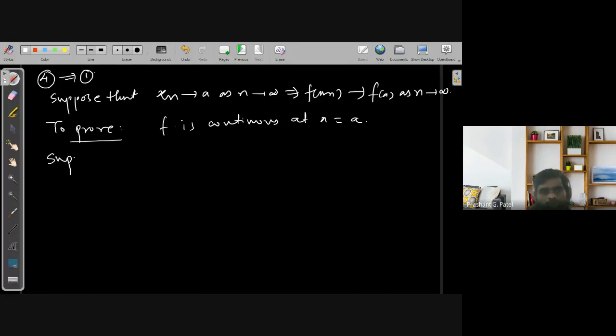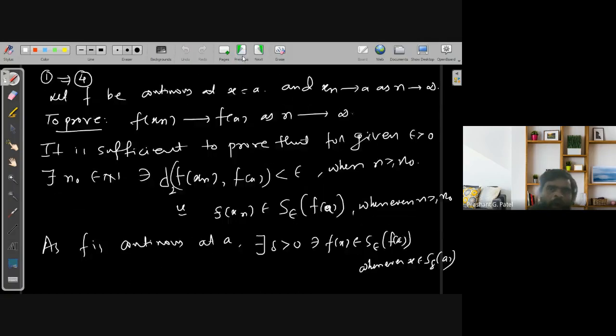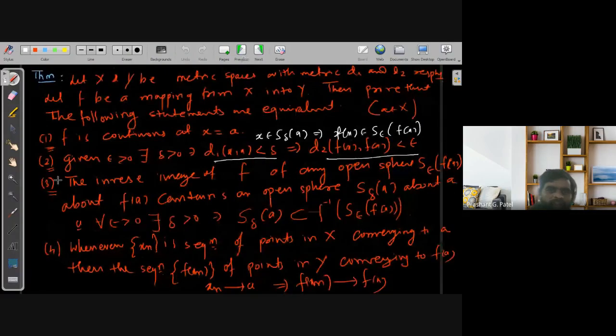Suppose not. Assume that f is not continuous at x is equal to a. There are many ways to prove this statement, so I'm proving this statement by negation. If it is not continuous, then by the previous result, that 1 is if and only if 3, we can say that, what will be the negation of this statement?